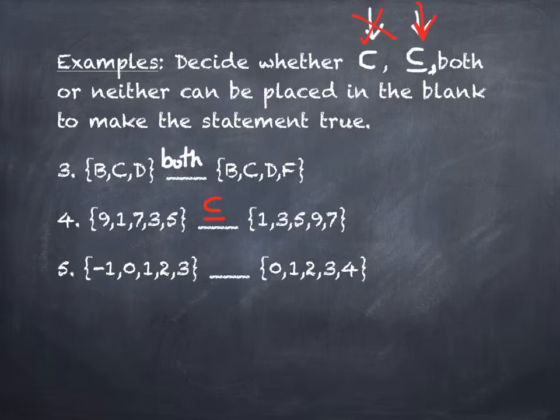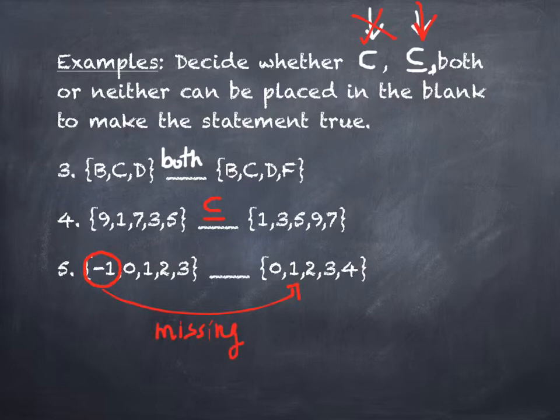All right, so on number 5, we have two different sets again. The sets have the same number of elements. We have 5 elements on the left and we have 5 elements on the right. However, on the left, we've got this notation right here that has a -1. And this -1 is not here on the right-hand side. It's missing.